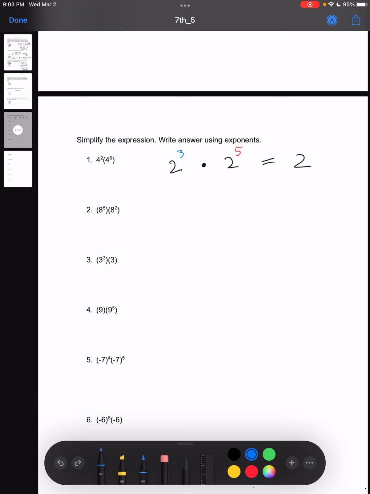So that means this is equal to 3 plus 5. 2 to the 3 plus 5 is just 2 to the 8. 2 to the 8 is the same thing as 2 to the 3 times 2 to the 5. If both of your base numbers are the same, to simplify them into one term, all you need to do is add the two exponents together.